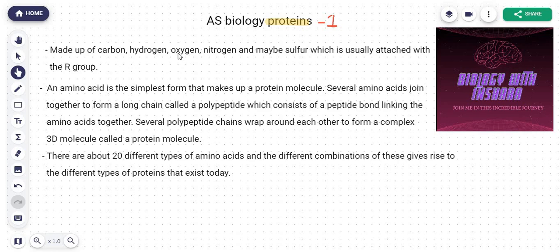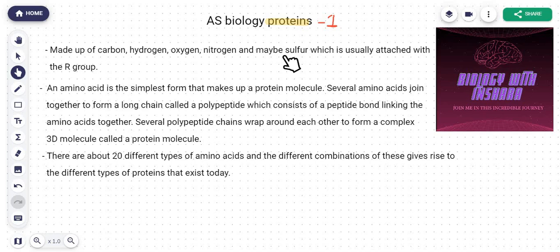But then there's an additional element found in your proteins, which is nitrogen. Nitrogen is always present in proteins, along with carbon, hydrogen, and oxygen. And understand this carefully when I say this, and maybe sulfur. Carbon, hydrogen, oxygen, and nitrogen are always present in your protein, but sulfur may or may not be present.